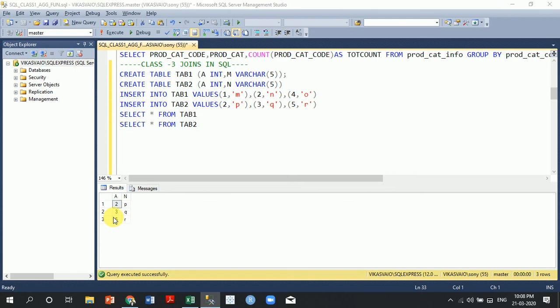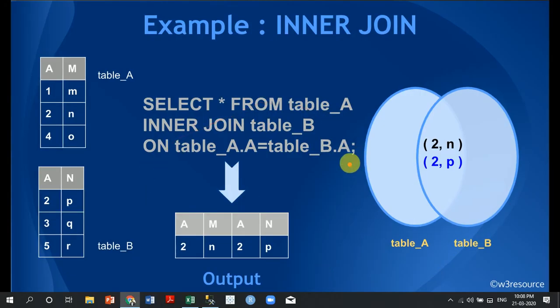Before explaining this practical part, I would like to show you that there is a table, and in this table all the requisite records are given, and in the second table all the requisite records are given, right? Now what happens if I perform an inner join between two tables, table A and table B?